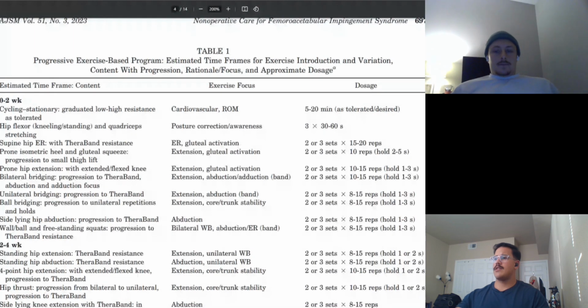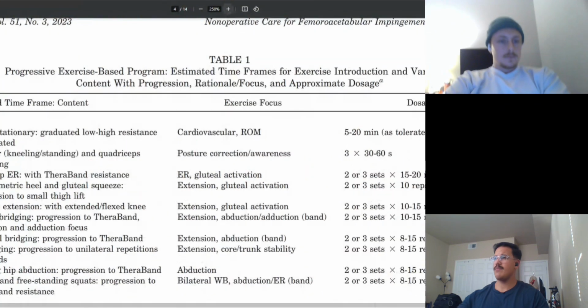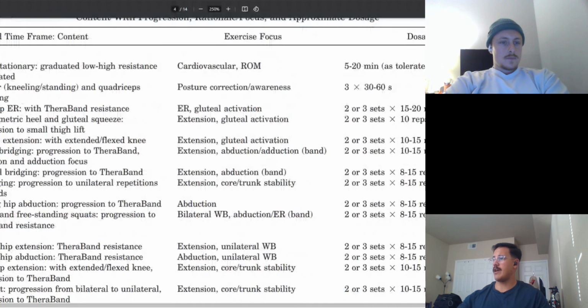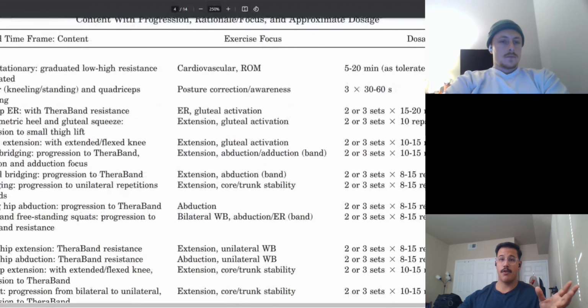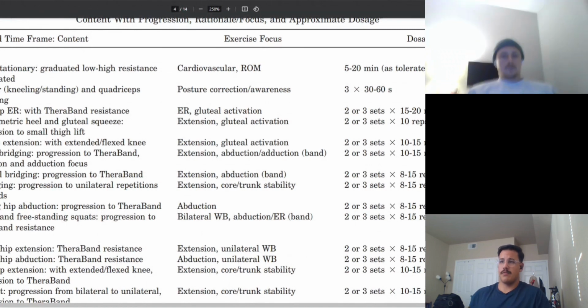So here's that 8 to 12 week program. In the first couple of weeks they're staying very low grade with high volume exercises, like hip flexor and quad stretching, external rotation with TheraBand, things we're all pretty familiar with.